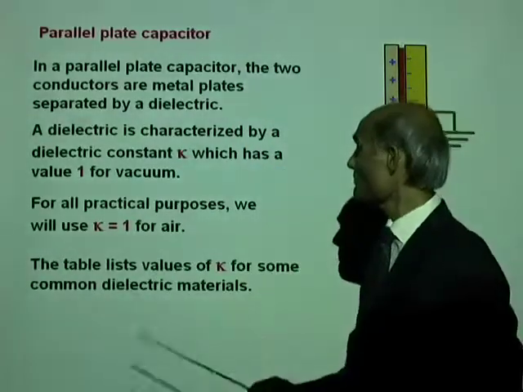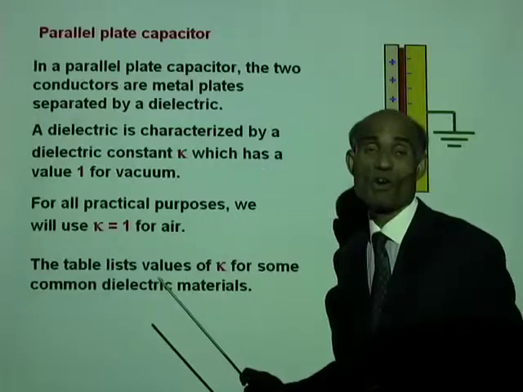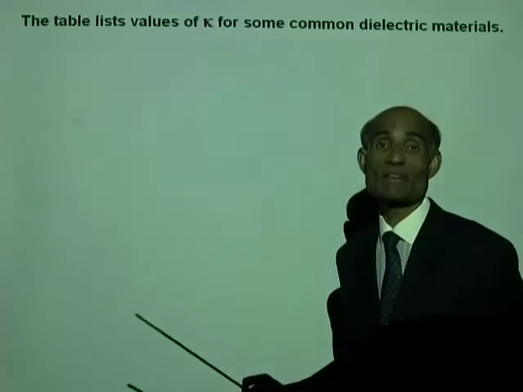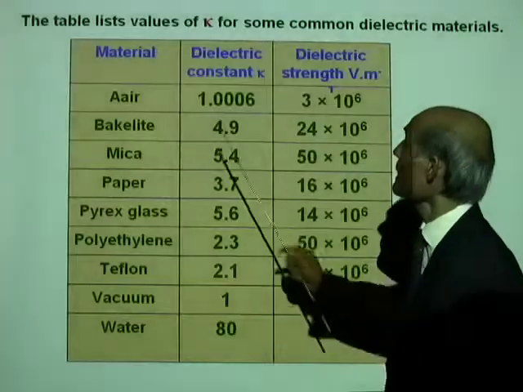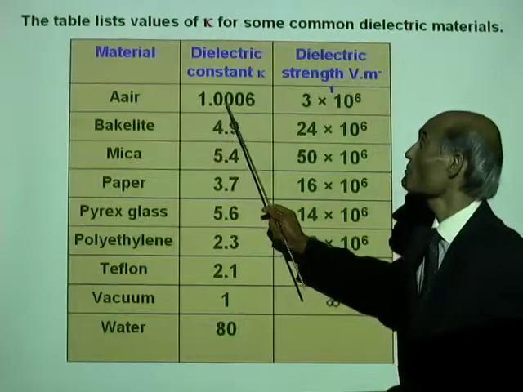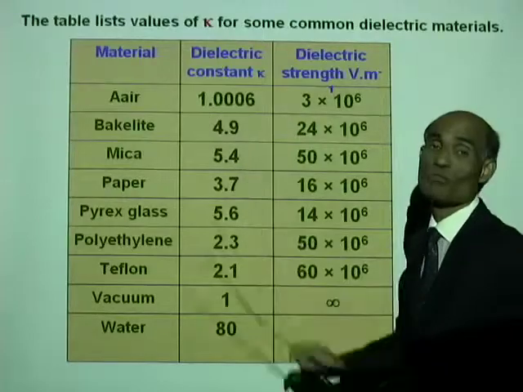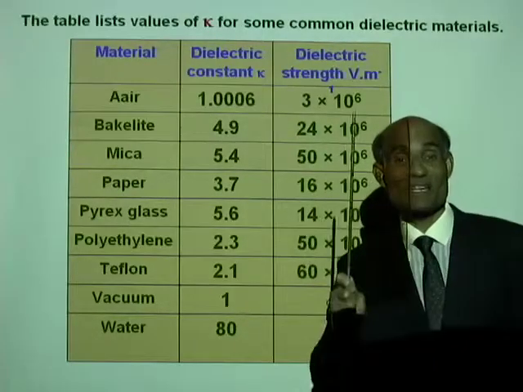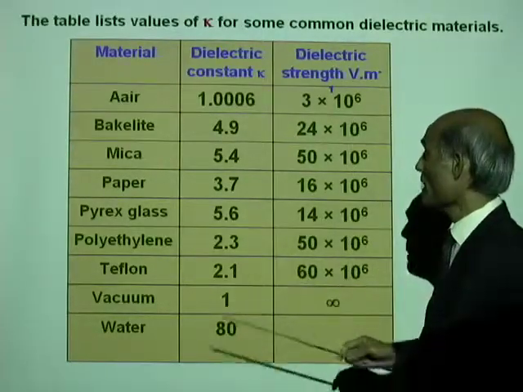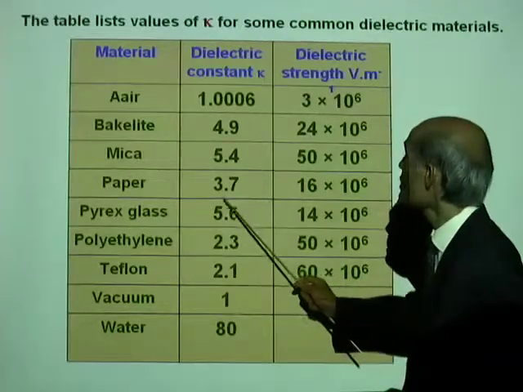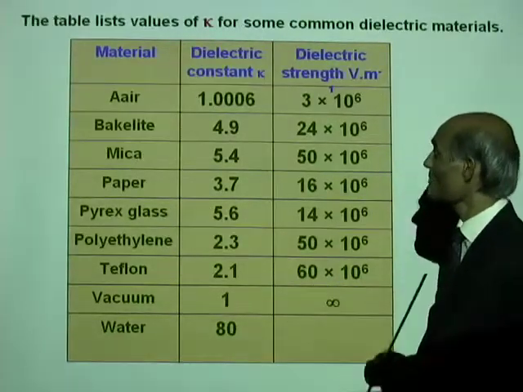Now I have a table of values for kappa for different types of dielectric. Now look at this table. Air is 1.0006. Well, for all practical purposes, we will take it as 1. Now, Pyrex glass has the highest value.